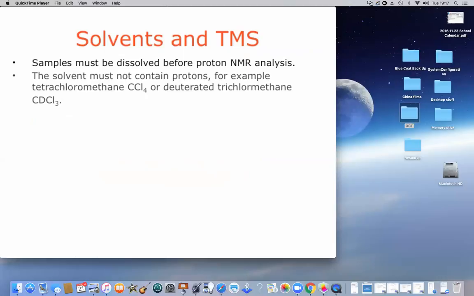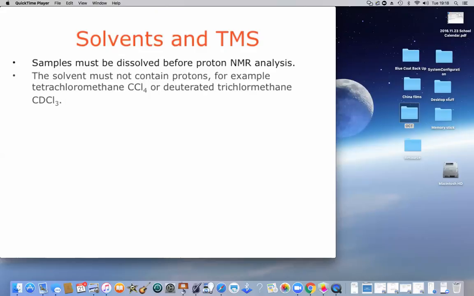So you need a solvent that simply doesn't contain protons. Tetrachloromethane is a commonly used solvent. It's a very good non-polar solvent. 2 disadvantages: it is non-polar, so if you've got a polar sample, it may not dissolve it very well. And it's also highly toxic. It's not the only solvent we have available to us.